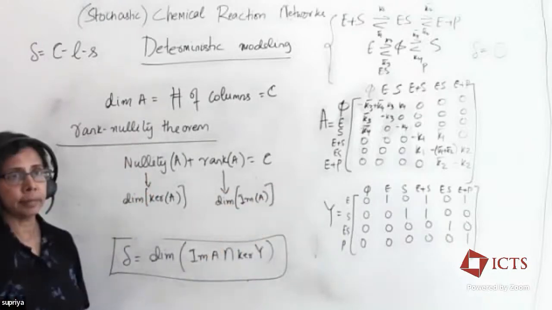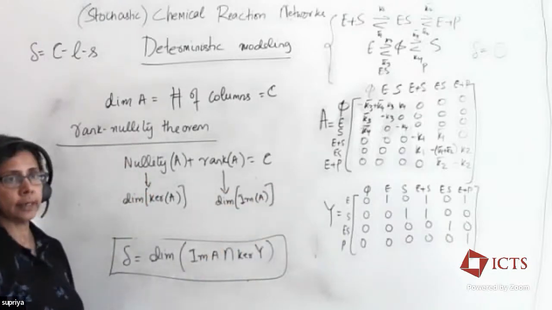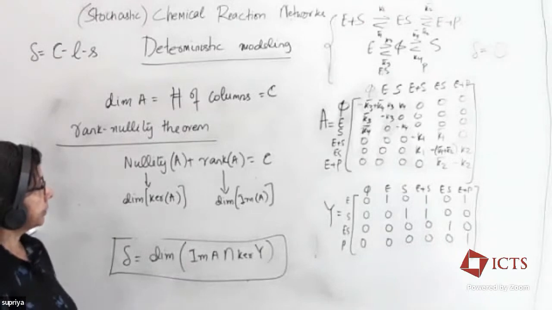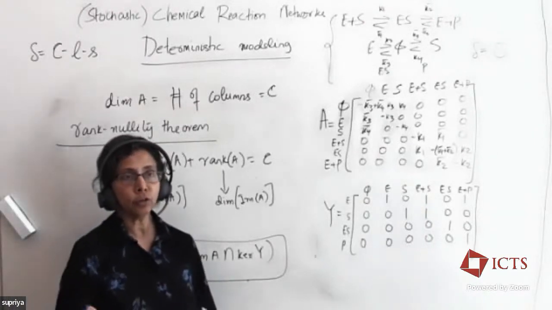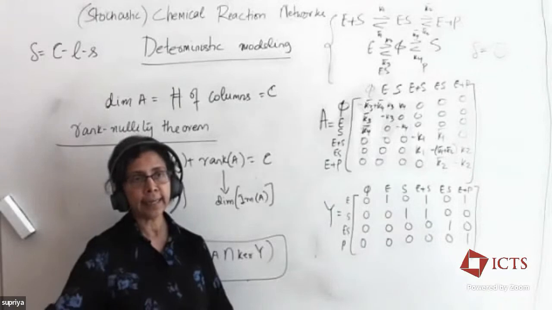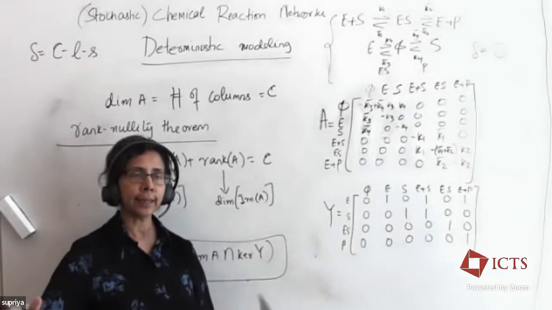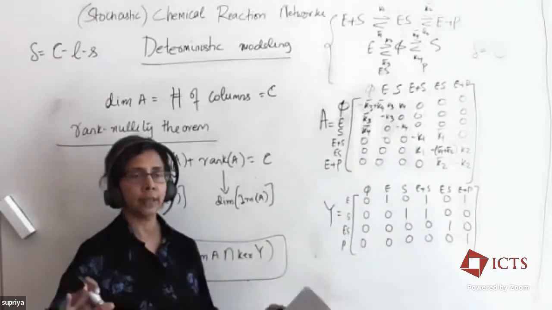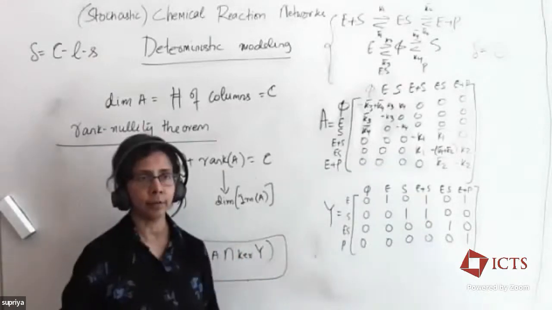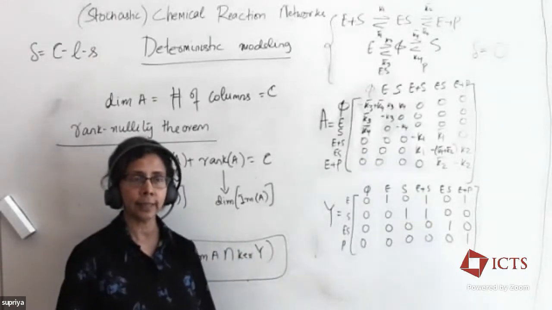Let's take a little example just to make sure that we understand this. Basically, A can do two things. Either it can annihilate a vector, or it can pass it through and give you a new vector. Those are the only two things that A can do.